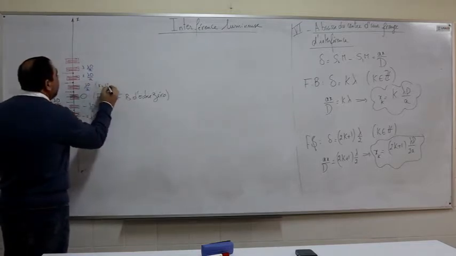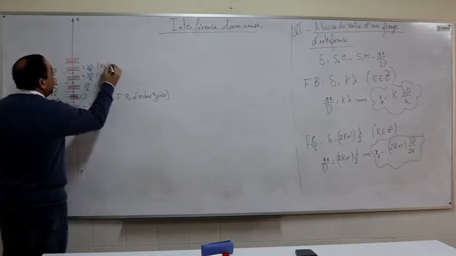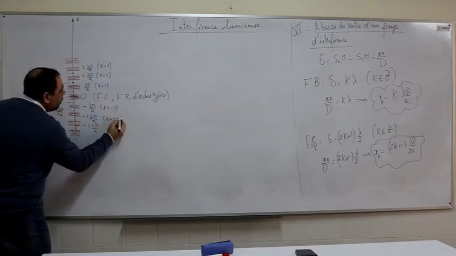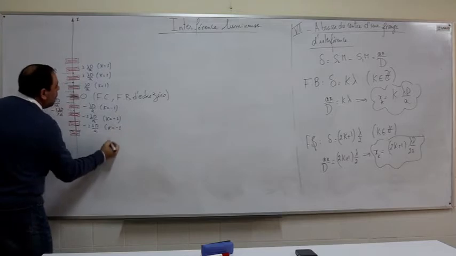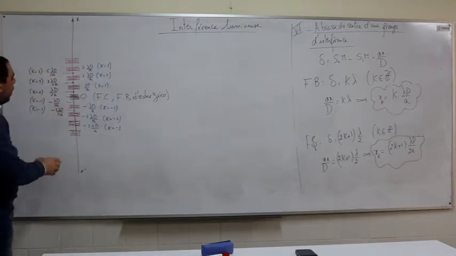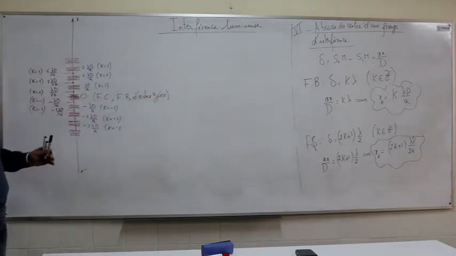Here k is equal to 1, k is equal to 2, k is equal to 3. Here k equals minus 1, minus 2, and minus 3. Note that the central fringe corresponds to k equals 0. It is a bright fringe of order 0.